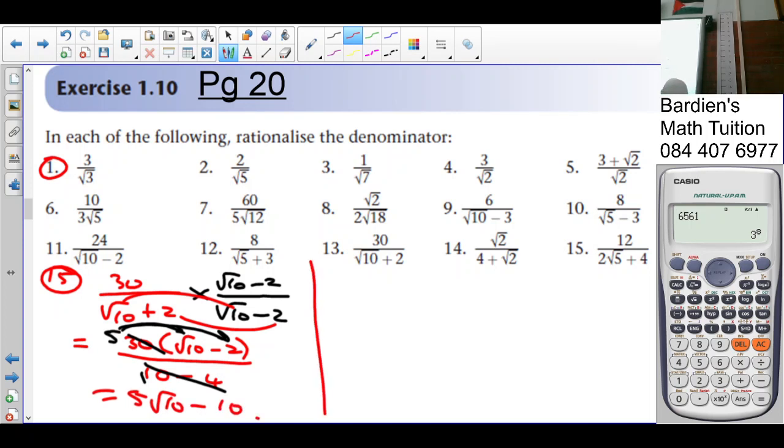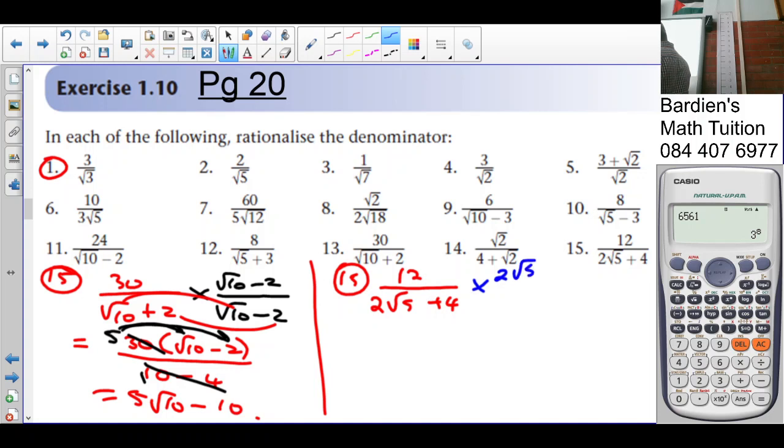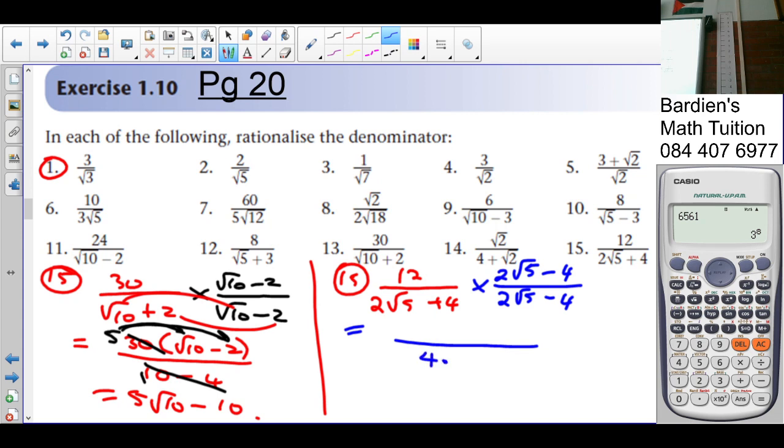Alright, and the last one, number 15, is 12 over 2 root 5 plus 4. So what would its conjugate pair be? 2 root 5 minus 4 over 2 root 5 minus 4. Can you multiply the first and the last? So 2 root 5 times 2 root 5 is 4 times 5, since root 5 times root 5 is 5. Negative 4 times 4 is negative 16.